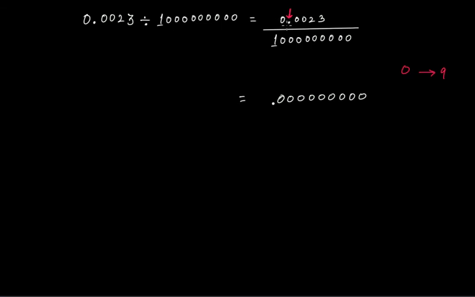So 1 zero you already have here. Place 8 zeros. These are 8 zeros, right? You write 8 zeros and put this decimal point here and write the remaining number, that is this. Don't forget this. This is 0023.